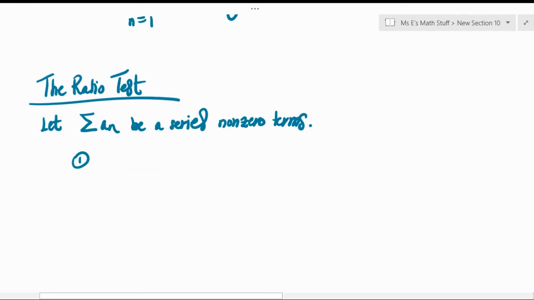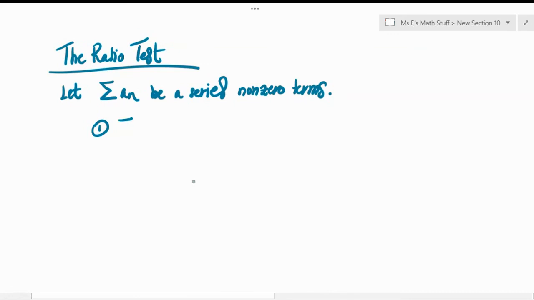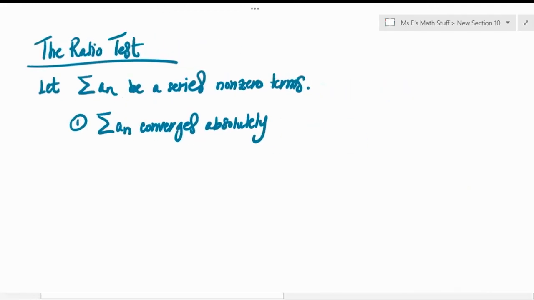And I hope you are copying this part because this is definitely a main idea. We would say that the sum of all the a sub n's converges. And it doesn't just converge, it converges absolutely. Remember, that means that it converges as is. And if you threw absolute value marks on all the terms, it would still converge. So it's the strongest type of convergence.